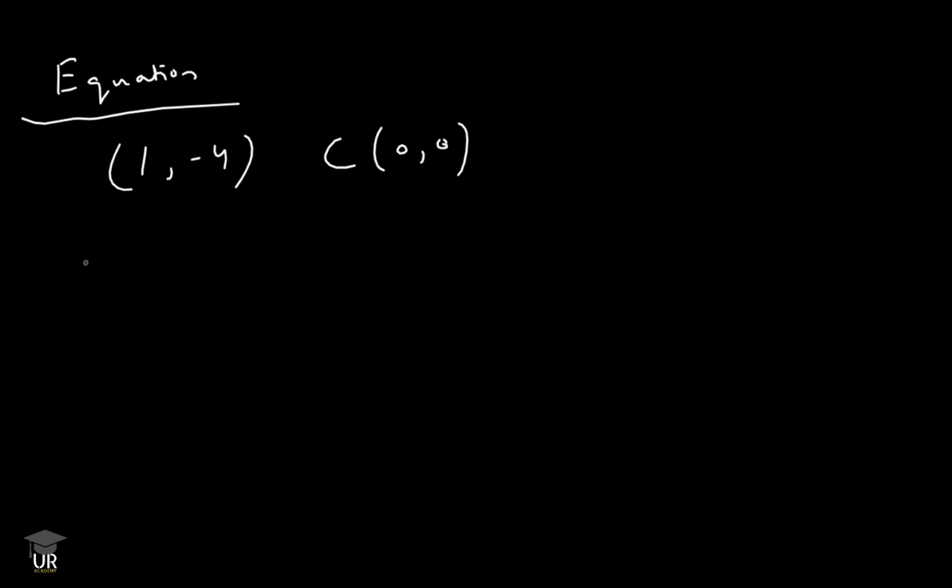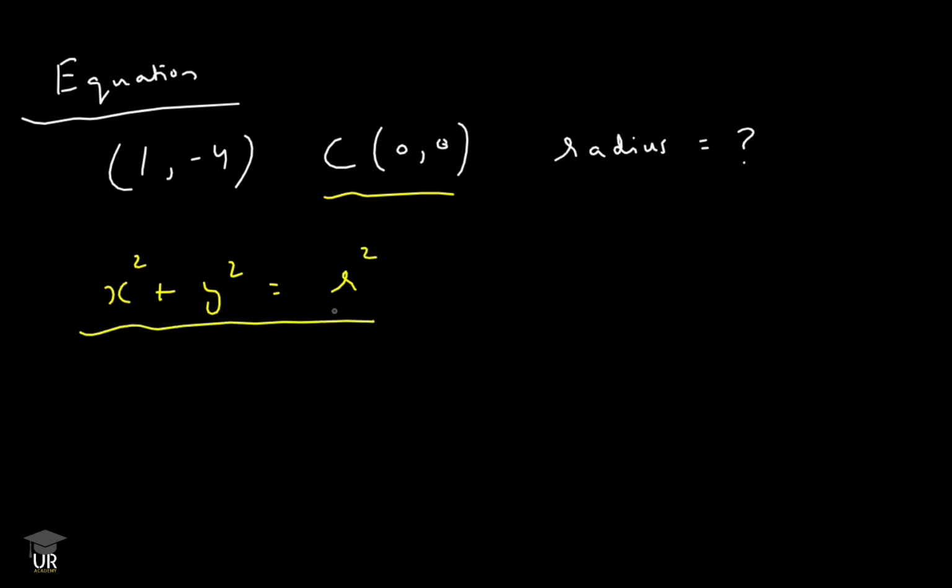Now in order to find the equation we also need the radius. So what will be my radius now? Since the center is the origin, the equation will be x square plus y square is equal to r square. This is the equation that we will use because the center is the origin.